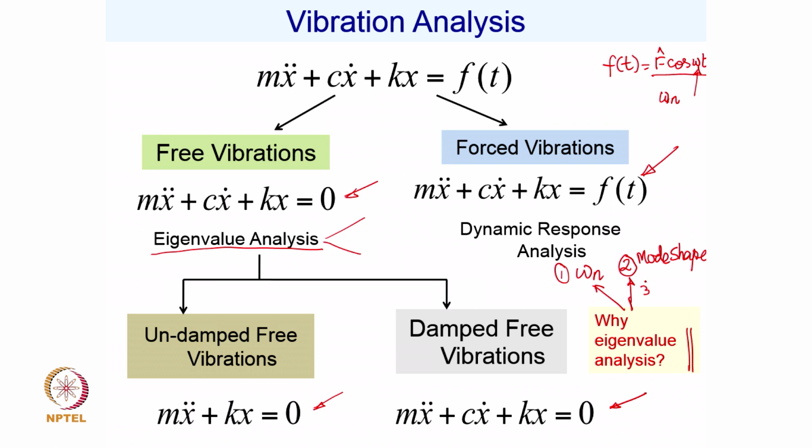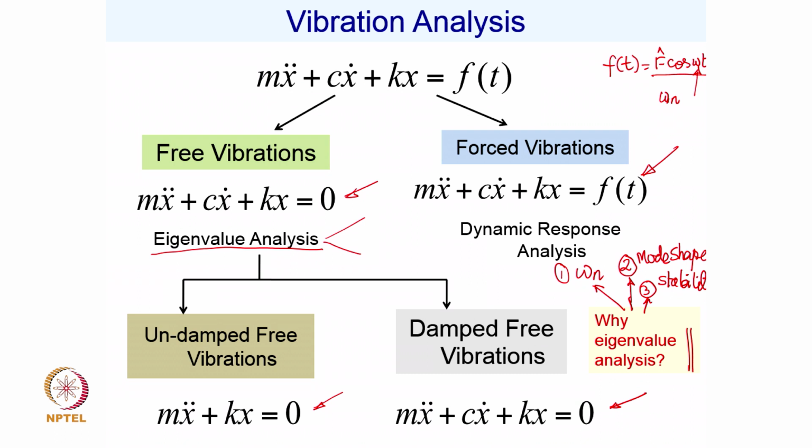The third thing that typically is mostly not discussed or considered, but is equally important for some mechanical system of course, is understanding of stability of the system. So, the third objective or outcome of eigenvalue analysis is to understand stability of the system.